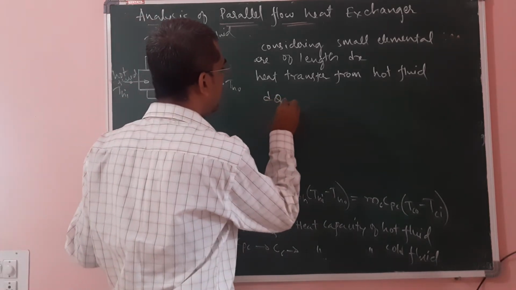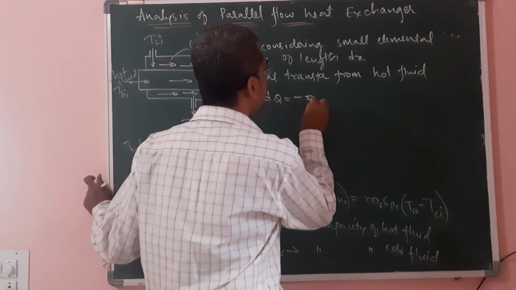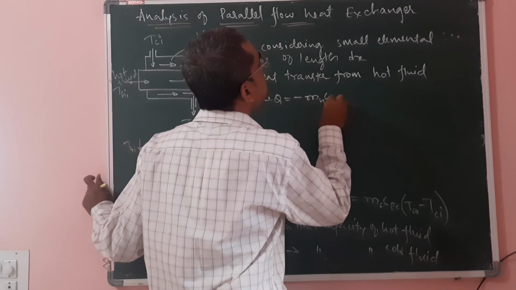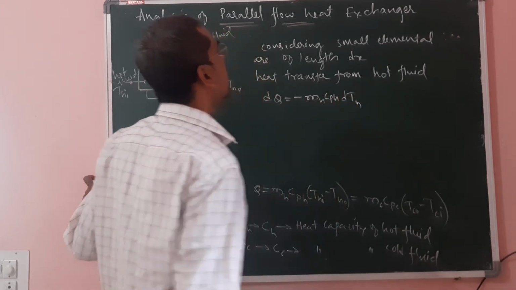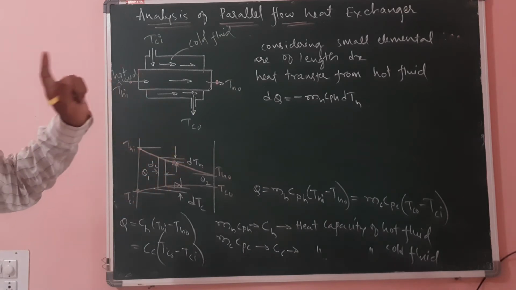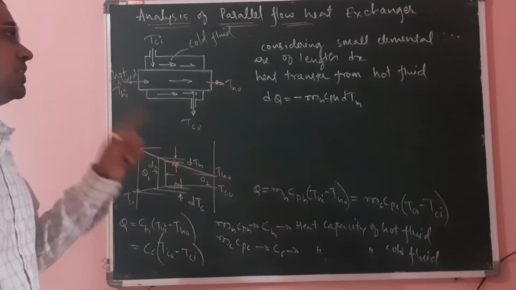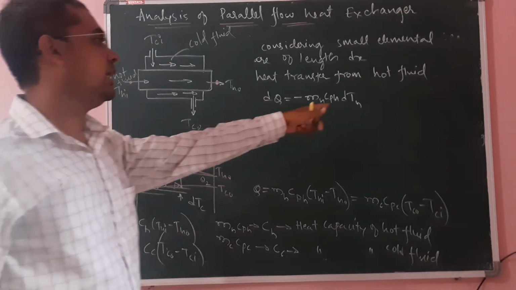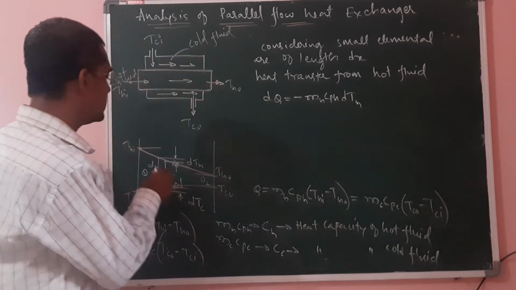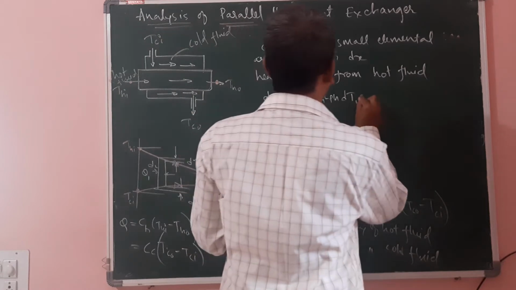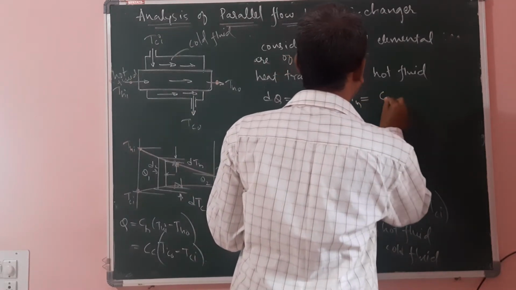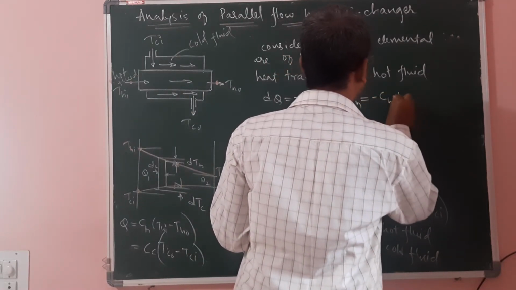This small elemental heat transfer from the hot fluid can be given as dq is equal to minus mh into Cph into dTh. Here mh is the mass flow rate of the hot fluid, Cph is the specific heat of the hot fluid, dTh is the temperature difference within the length dx. Now I can write it as minus Ch into dTh.